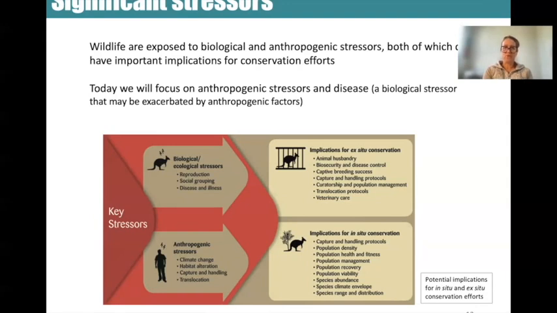So as an example of biological ecological stresses that naturally occur for marsupials, this includes reproduction, social grouping, disease and illness. And in terms of anthropogenic stresses, we're talking about things like climate change, habitat alteration, capture and handling, and translocation. So both biological and human-induced stresses are obviously going to have implications for both ex situ and in situ conservation.